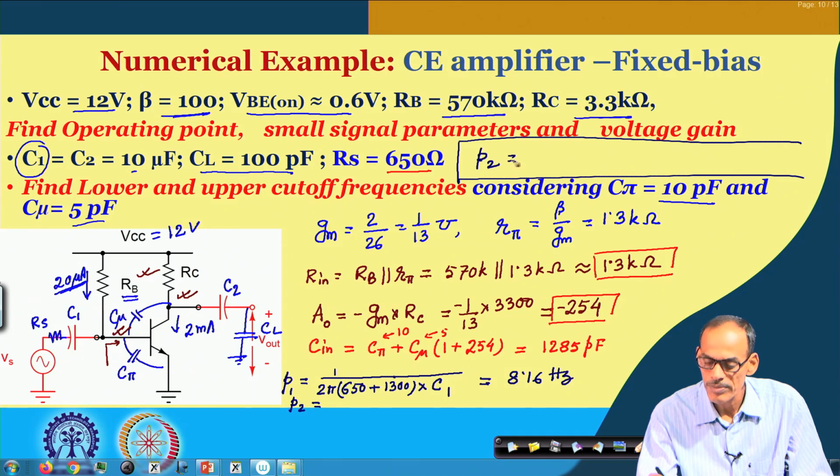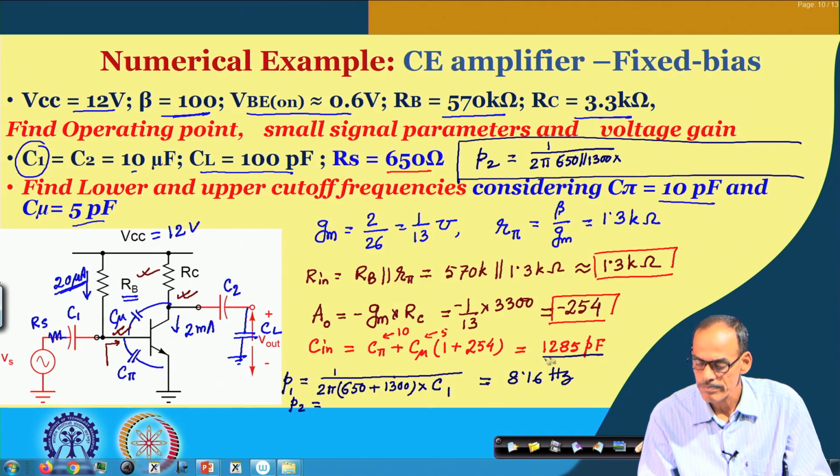So, the expression of P2 is 1 by 2 pi, 650 in parallel with 1300, multiplied by C in. So, that is 1285 picofarad, 10 to the power minus 12.